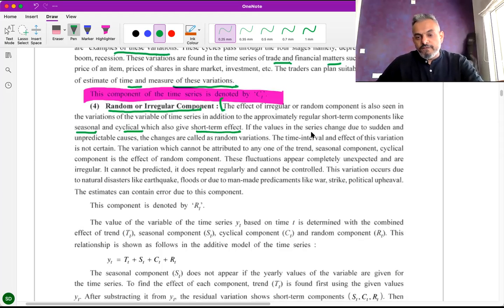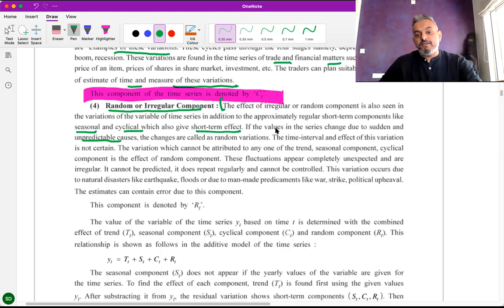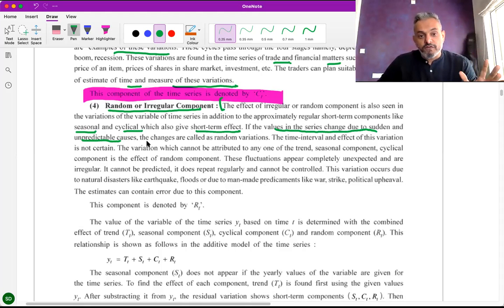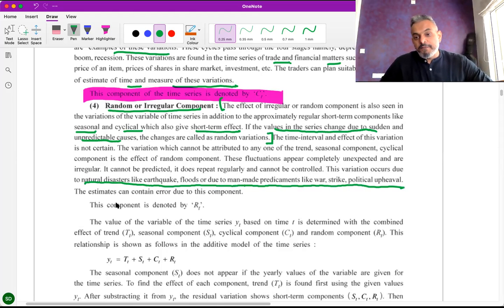If the value of the series changes due to sudden and unpredictable causes, the changes are called random variations. Examples are given over here: the variation occurred due to natural disasters like earthquake, flood, or due to man-made predicaments like war, strike, political upheaval. These estimates can contain error due to this component.